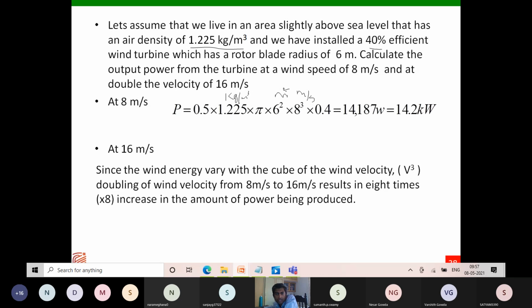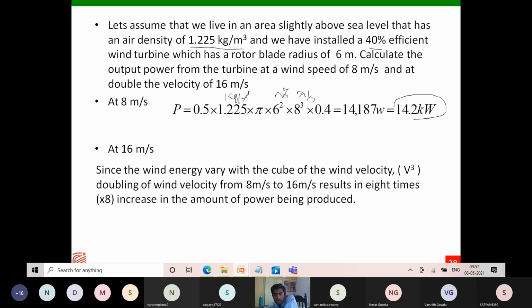We can see that meter cube and meter cube will get cancelled. So finally what you have is kg per second. 0.4 is the coefficient. So this is nothing but 14,187 watts, that is 14.2 kilowatts.